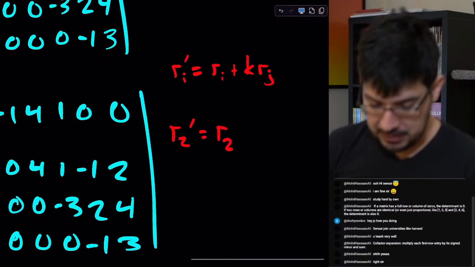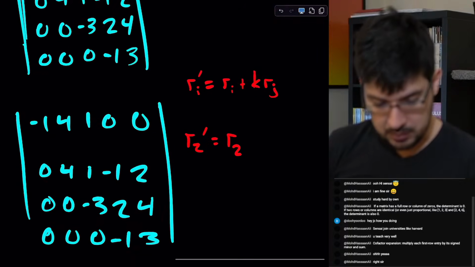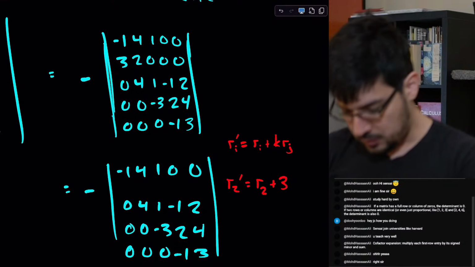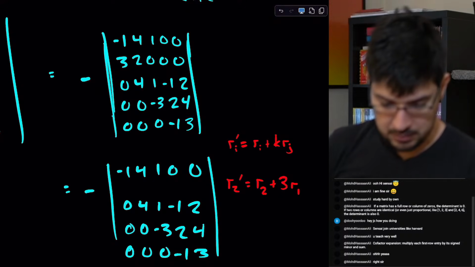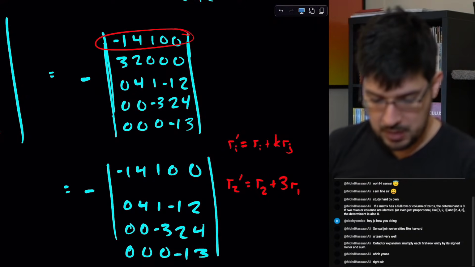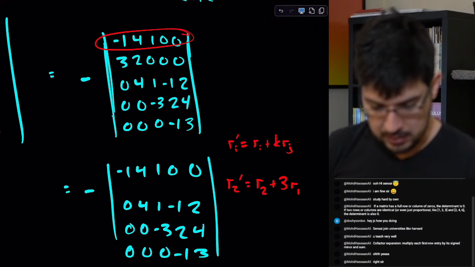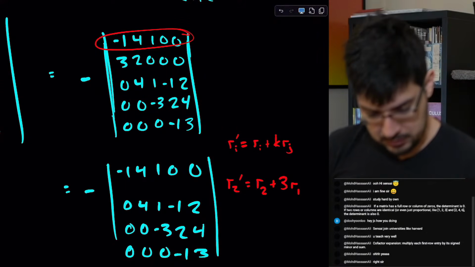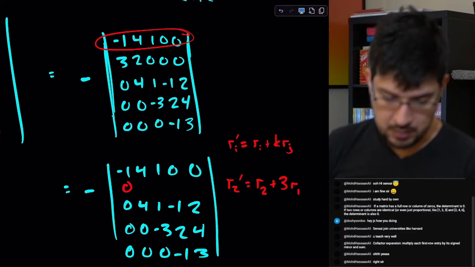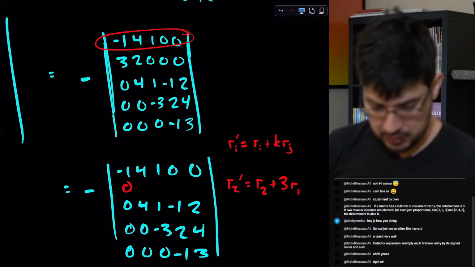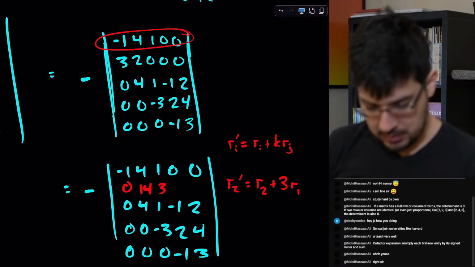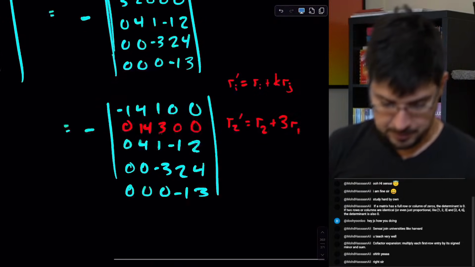So we're replacing row 2 with row 2 plus 3 times row 1. If I add 3 times row 1 to row 2, then we have 0, 12 plus 2 is 14, 3 plus 0, and then 0, 0. Right?